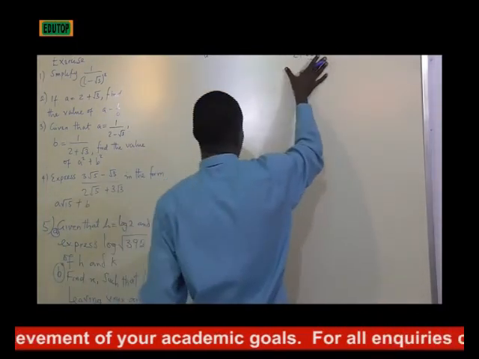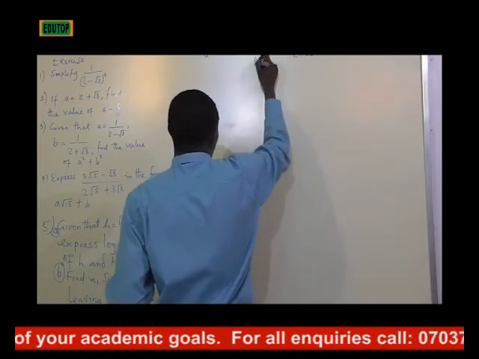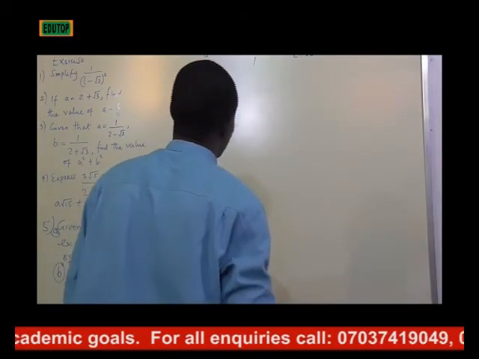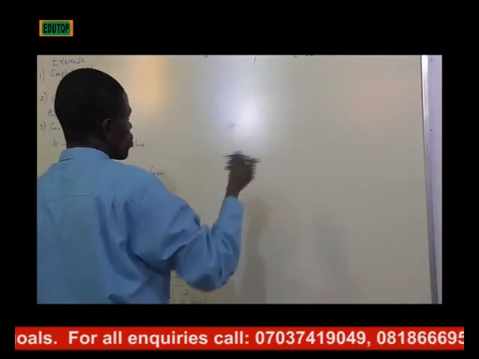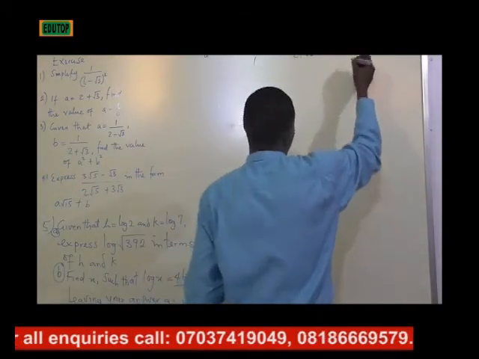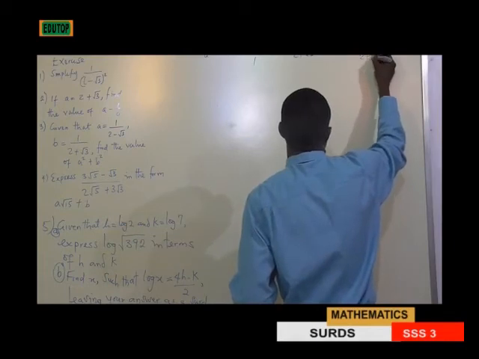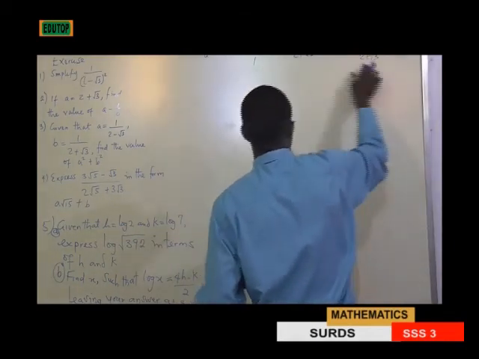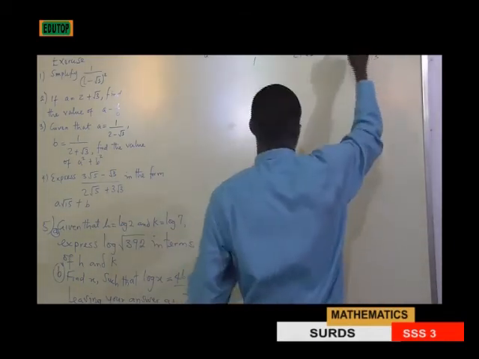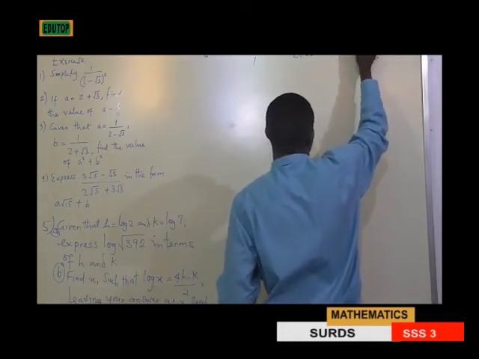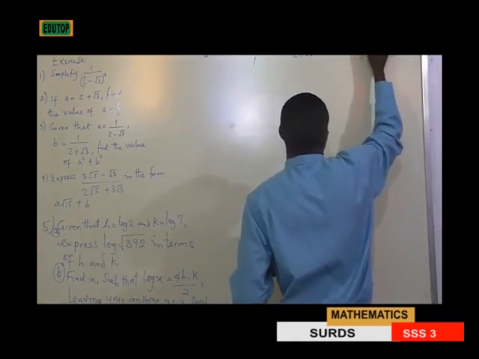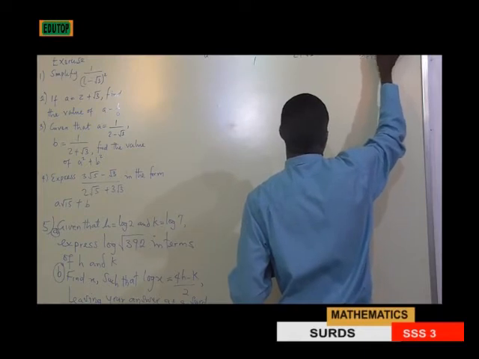Since this one is a fraction, we are meant to make this one also a fraction. So what we need to do next is to determine the LCM. And the LCM here will be 2 plus root 3. How many 1 will you see here? You multiply this by this. Then we have 2 plus root 3 into 2 plus root 3.